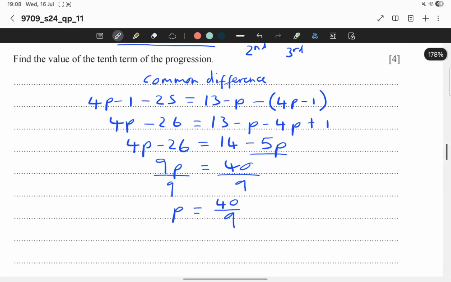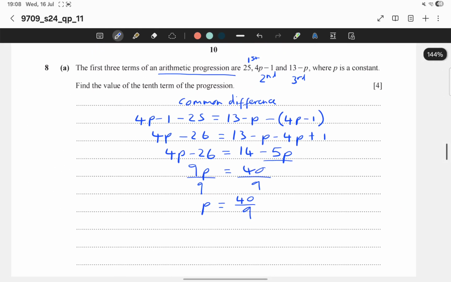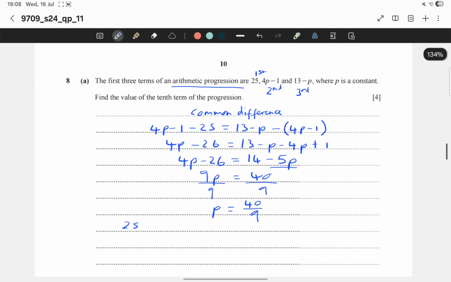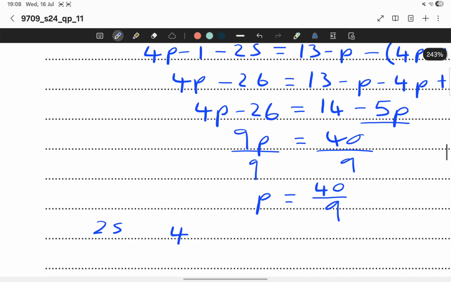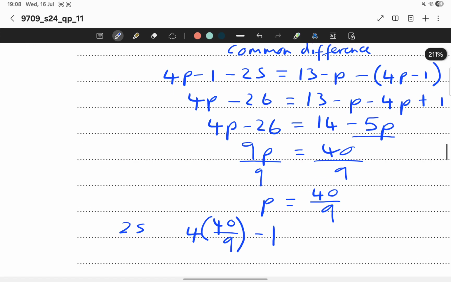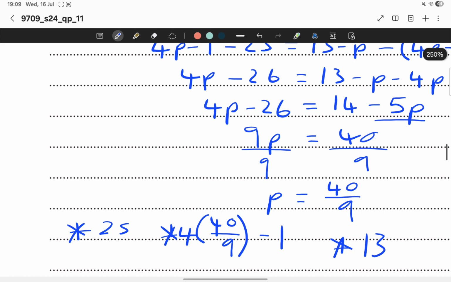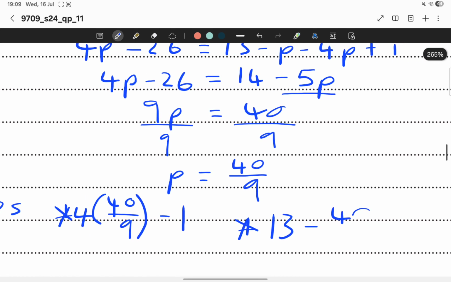And with this value of p, we will safely say the first term is 25 and the second is 4 times 40 over 9 minus 1, and the third will be 13 minus 40 over 9.